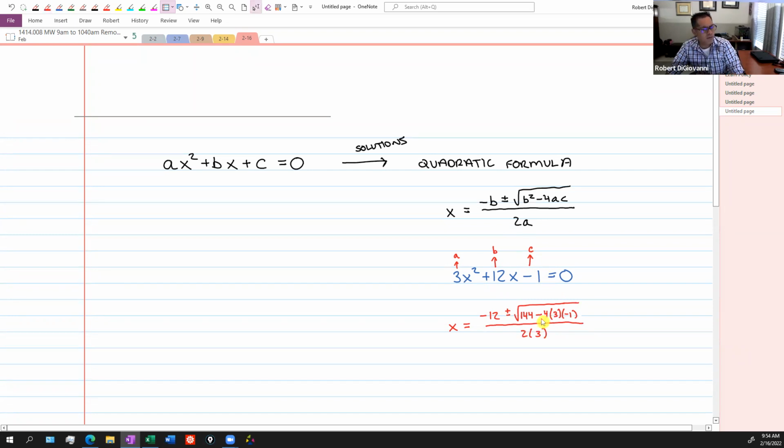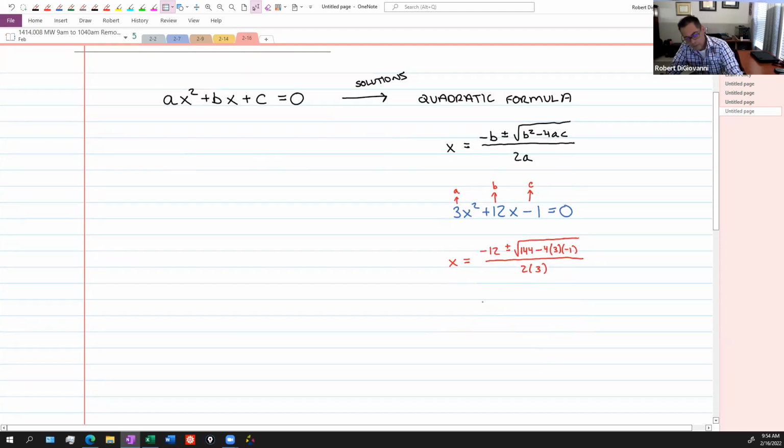You have seen this, yes? Quadratic formula, you have seen this used, right? Okay, this would become negative 12 plus or minus square root of 144, take away, we're actually going to take away a negative number, so we're going to add 12 here.